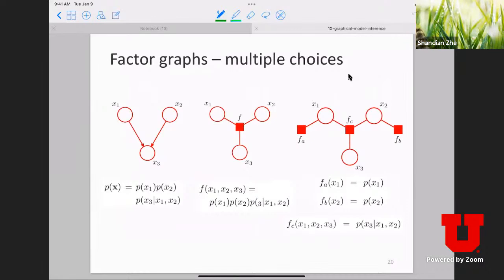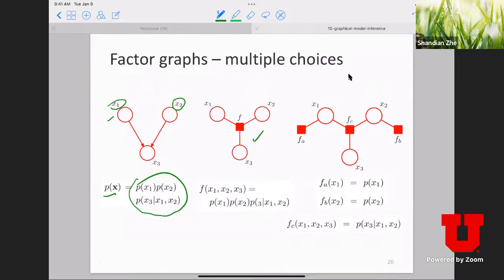For example, for this Bayesian network, we know that the joint probability is the marginal probability of x1, the marginal probability of x2, because they both don't have parents, and then the conditional probability of x3 given x1, x2. If you define the product of the three probabilities together as one factor function of x1, x2, x3, then this is your factor graph representation, because you only have one factor which connects all three nodes.